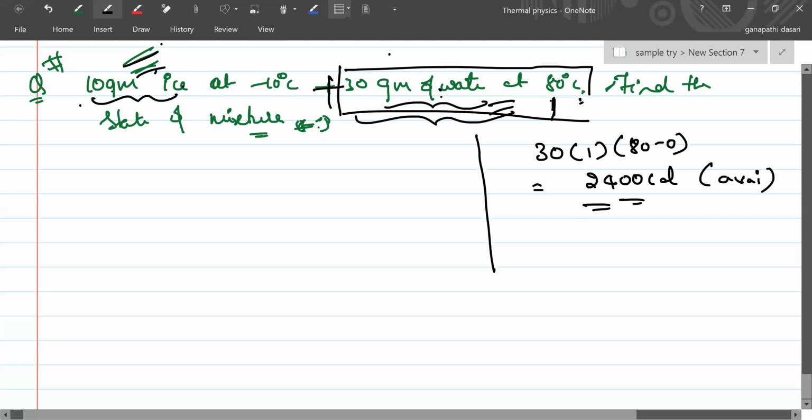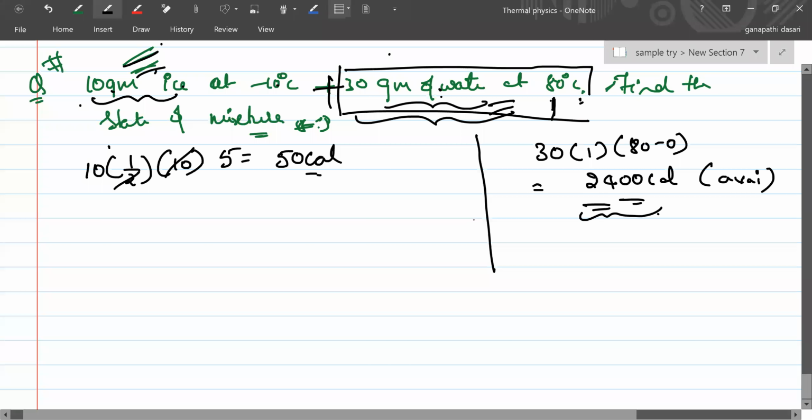First I'm seeing here, suppose ice is getting converted from -10 to 0. What is the energy required here, from -10 to 0? That is 10 into half into 10 degrees, right? Yes, sir. Is it 50 calories? Yes, sir, 50 calories. Now is this 2400 higher, right?